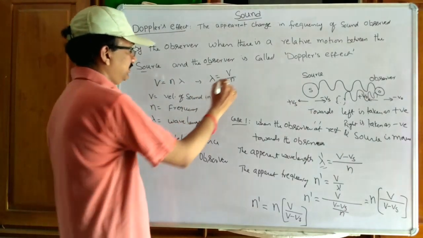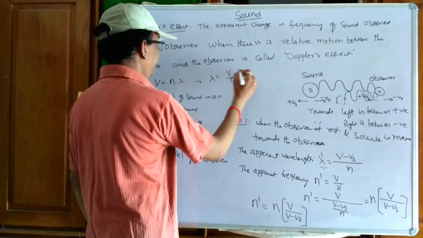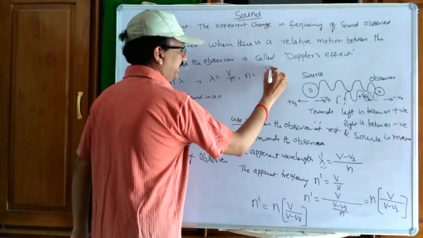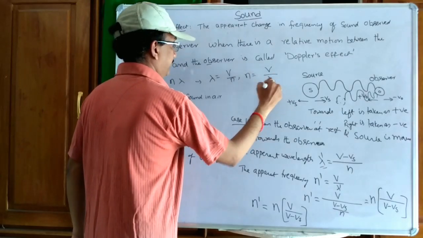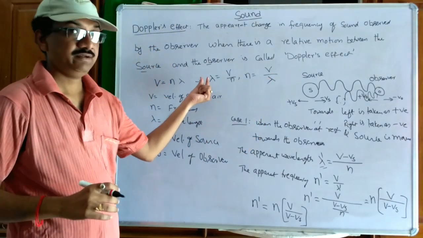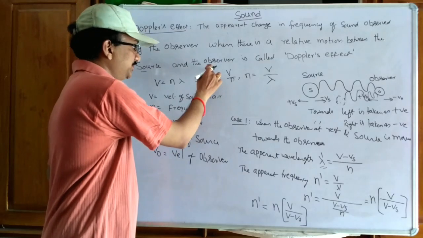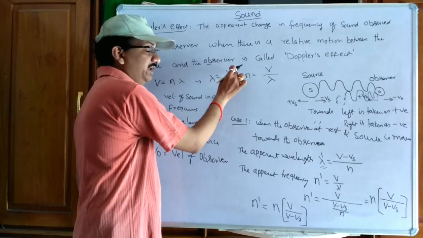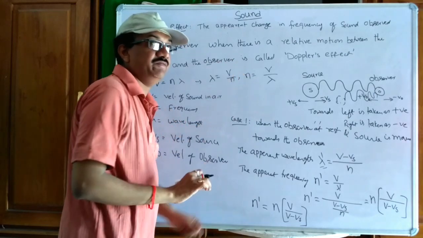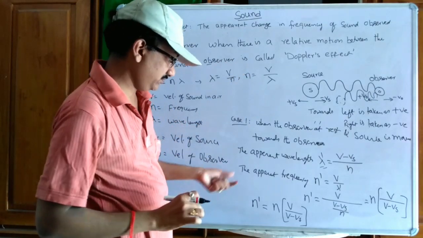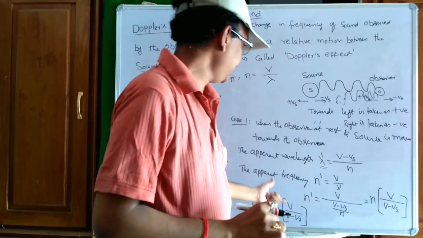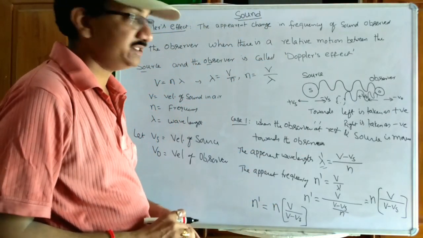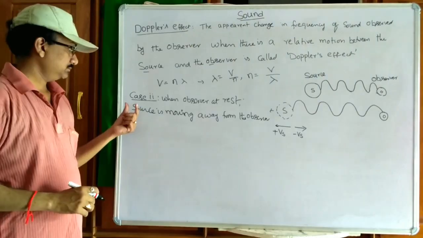This notation here, I'm also writing N is equal to, from this equation, V by lambda. If I take in the apparent wavelength, this should be lambda and this will be V plus or minus Vs or V naught. Okay, this is the first case when the source is moving towards the observer.